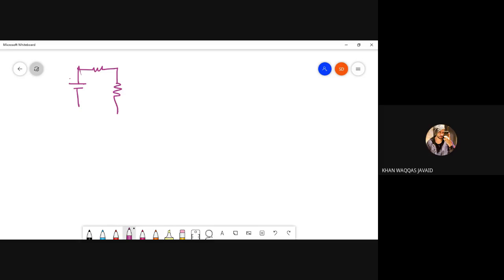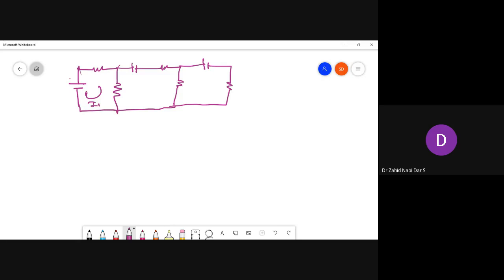Like this. This is I1. This is I2. This is I3. This is 100 volts. Okay. This is 10 ohms. This is 50 volts. This is again 2 ohms.